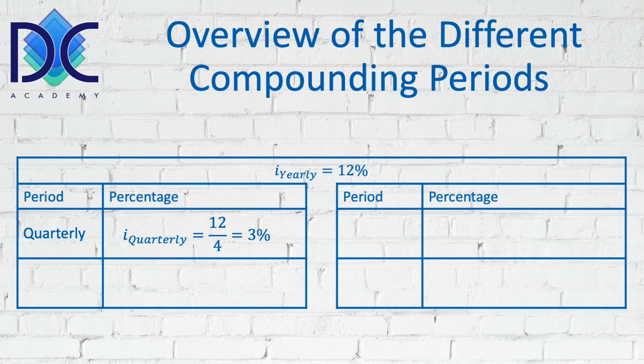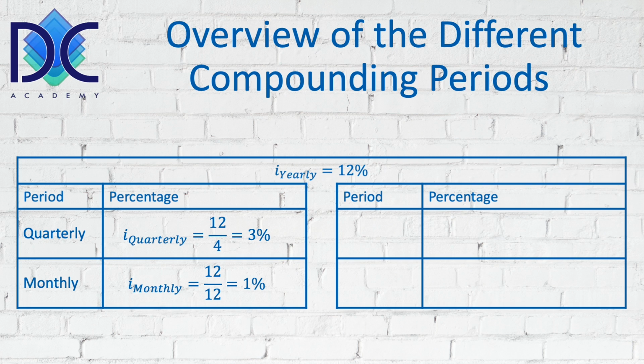Quarterly means we compound 4 times per year, so we have the 12% yearly interest divided by 4, which gives us a quarterly compounding interest of 3%. We can do the same monthly, and then we divide the 12% by 12 and we find, of course, 1%.